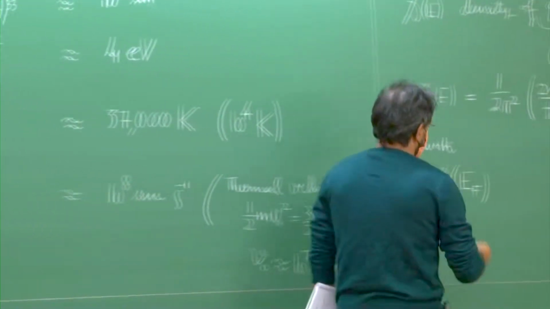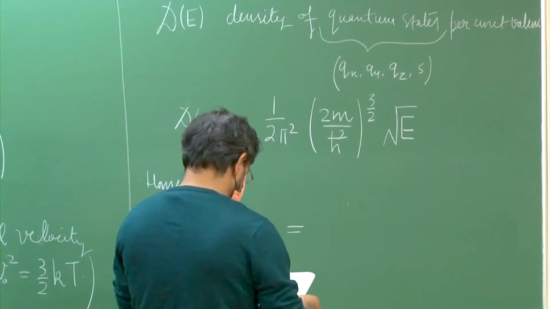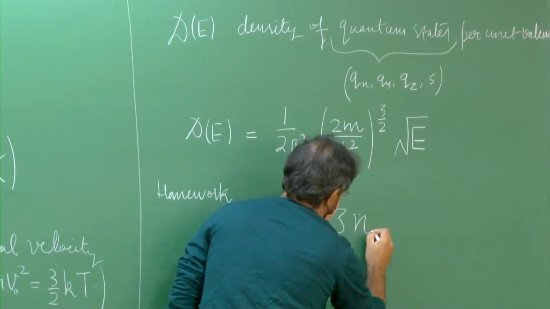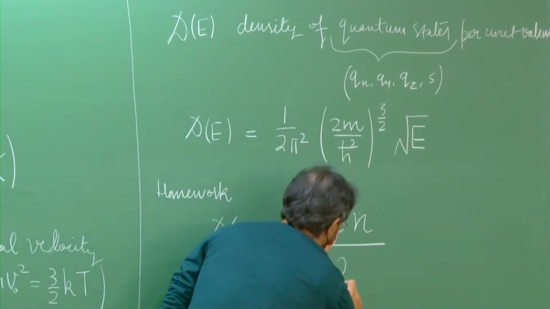So the homework problem is that you have to prove that this is 3n divided by 2EF.